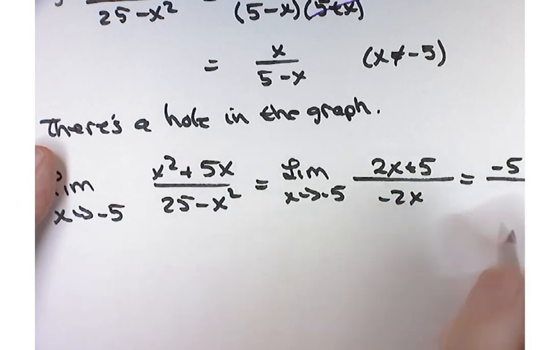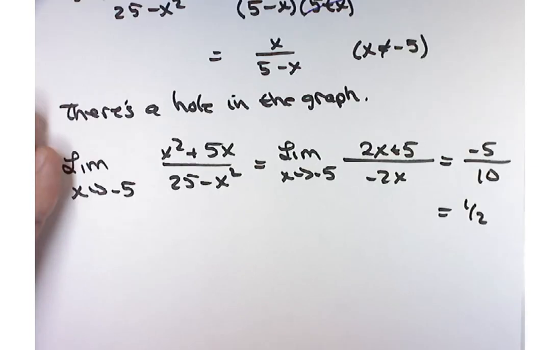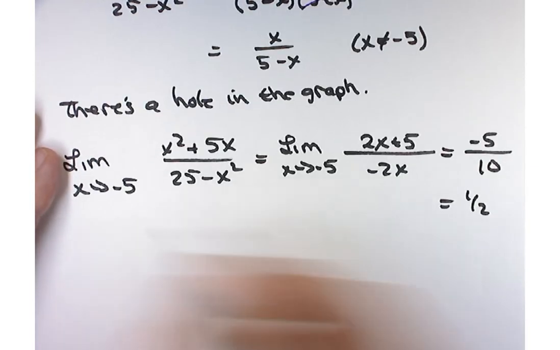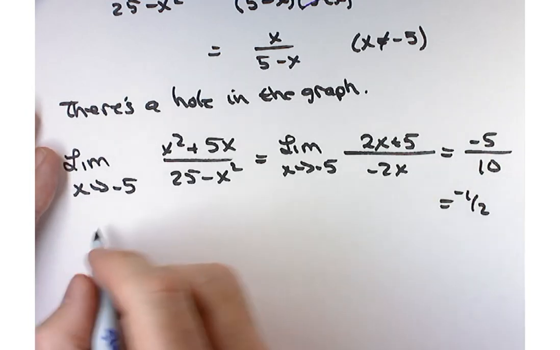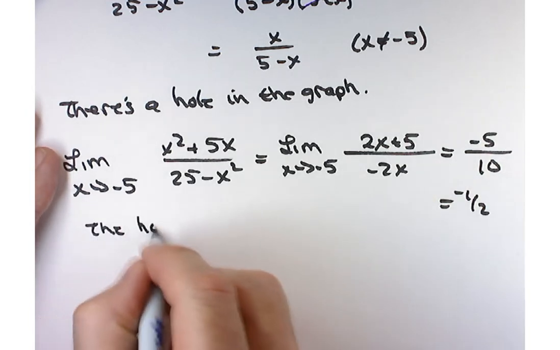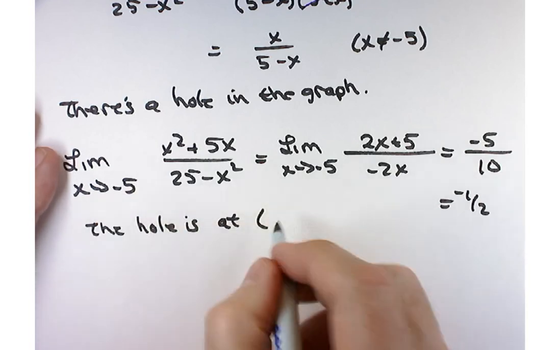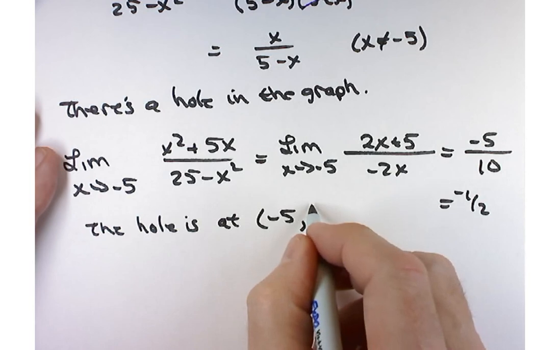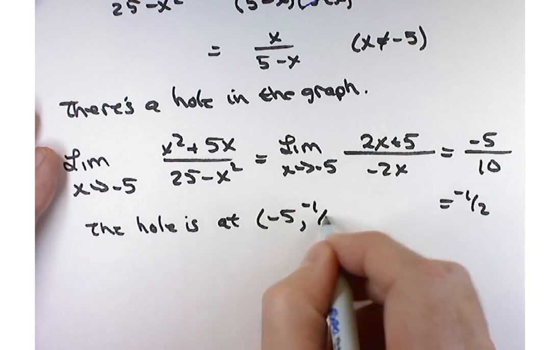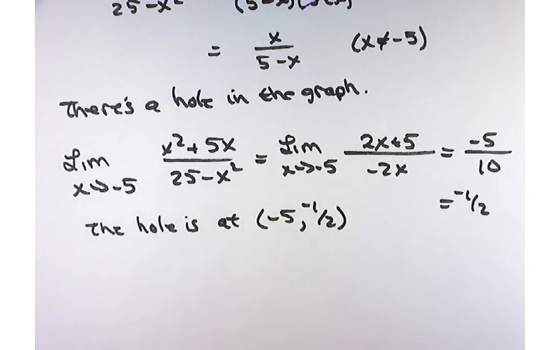What do you get in the denominator? 10. So the hole is at -1/2, negative one half. There you go. That should be where the hole is in that graph.